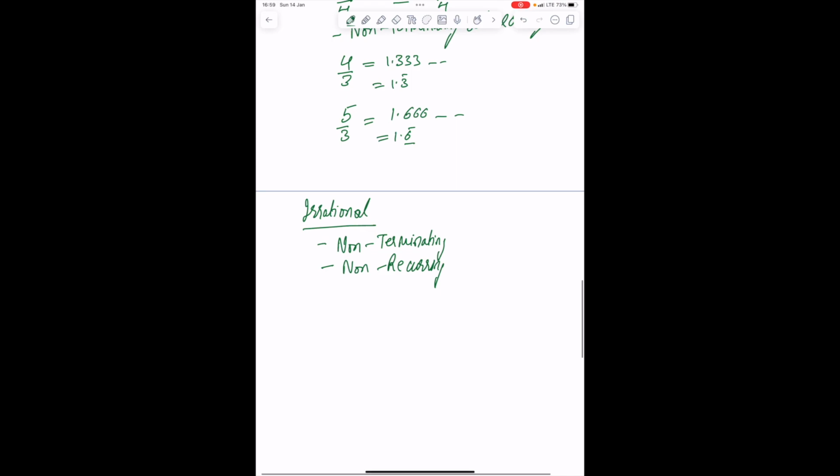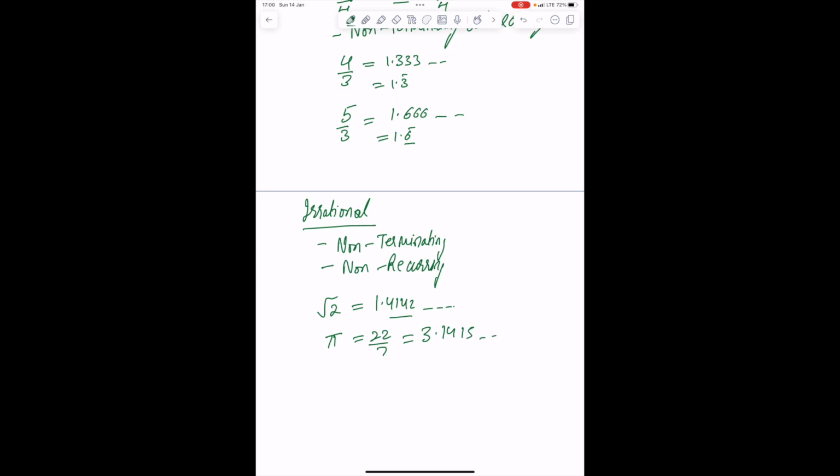So an example can be square root of 2, which has a value of 1.4142 and so on. In this, the digits after the decimal point do not reoccur and neither do they terminate. Another example can be the pi value, which is written as 22/7, which requires the form of 3.1415.